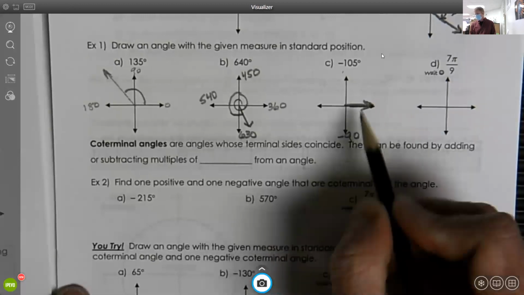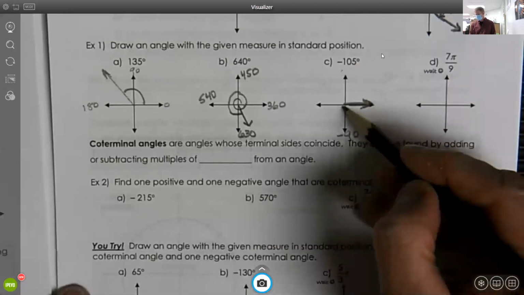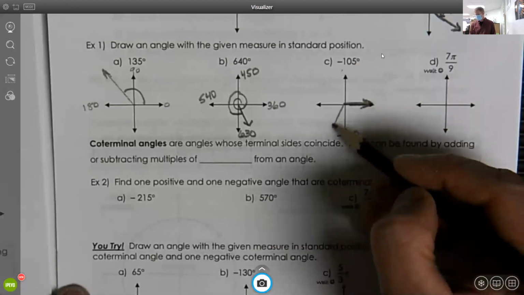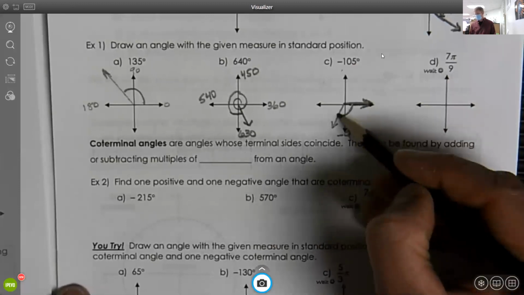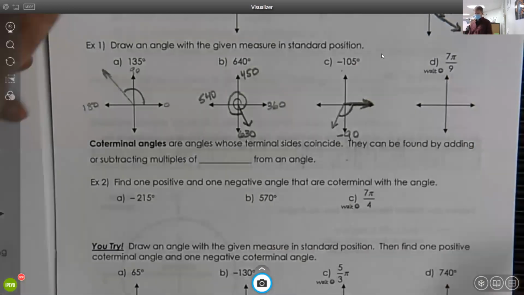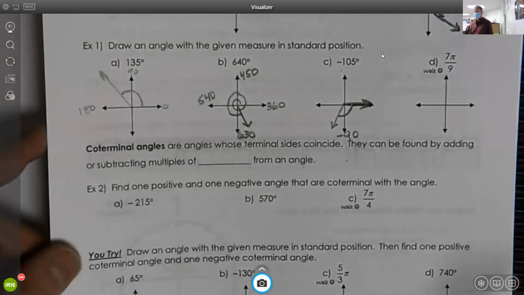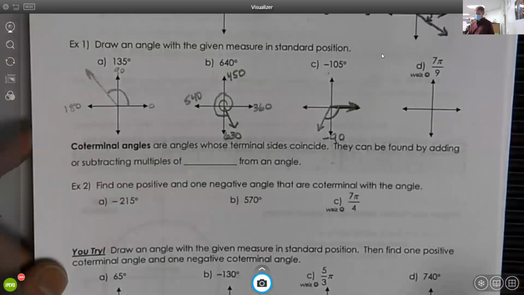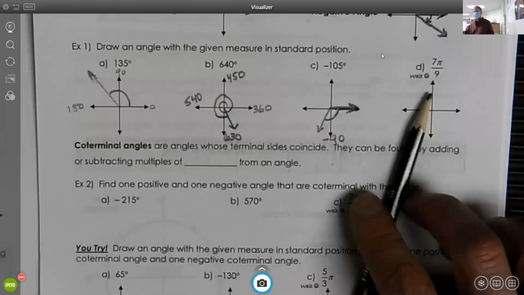So with 15 more degrees, we would be at negative 105. That would be that value here. And then in the future, we're going to be able to graph an angle that looks like that.